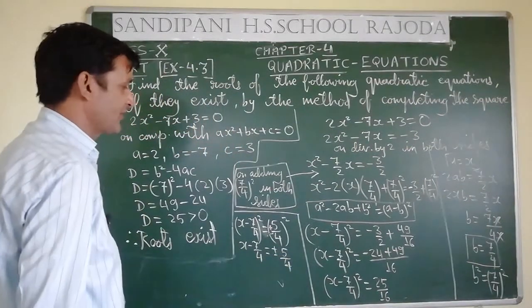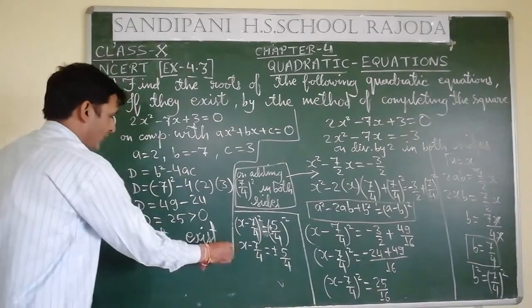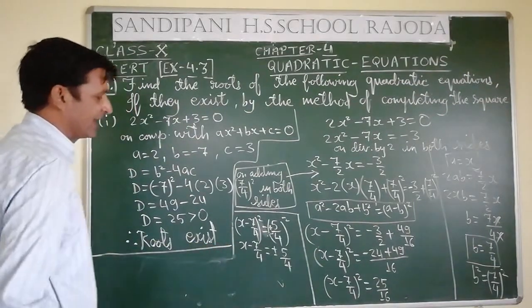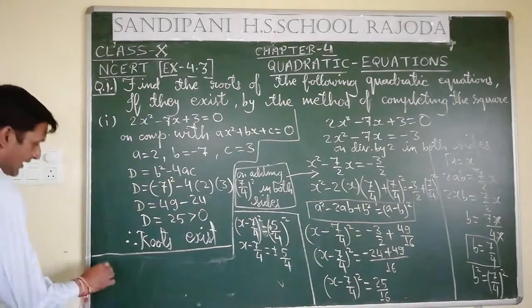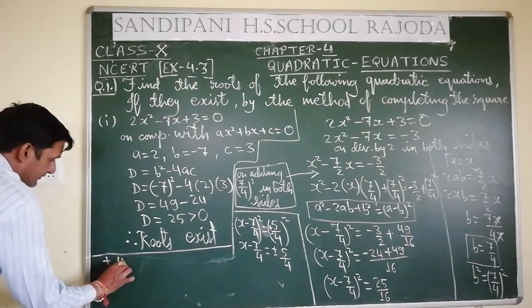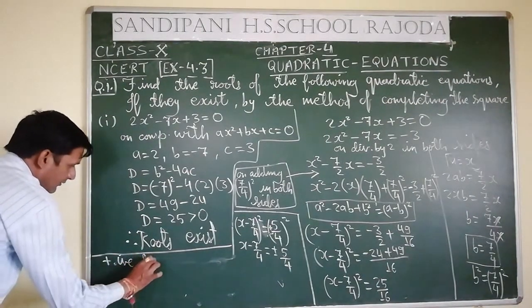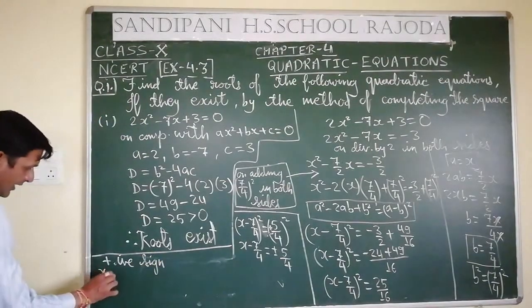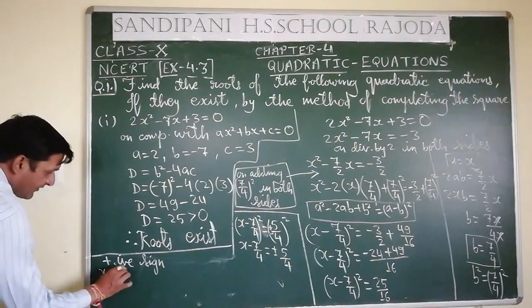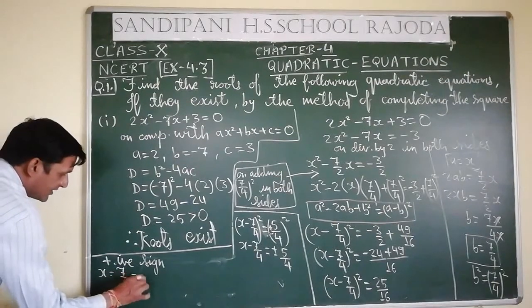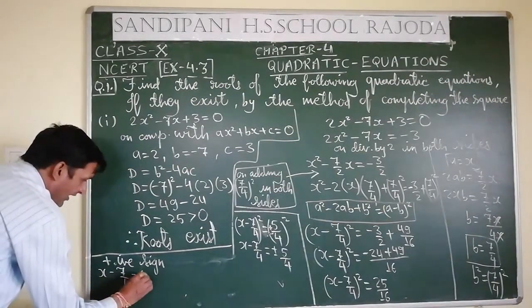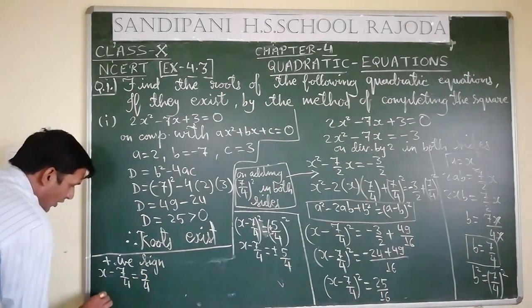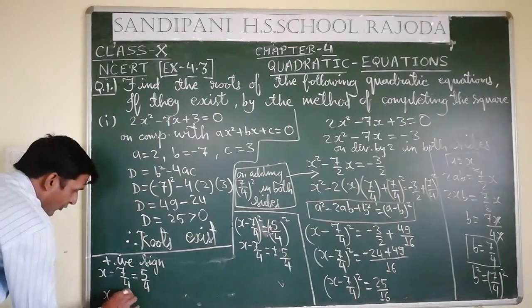Now, on taking the positive and negative sign, what do we have to do? If we take the positive sign, what will happen? x minus 7/4 is equal to 5/4, or x is equal to 5/4 plus 7/4.